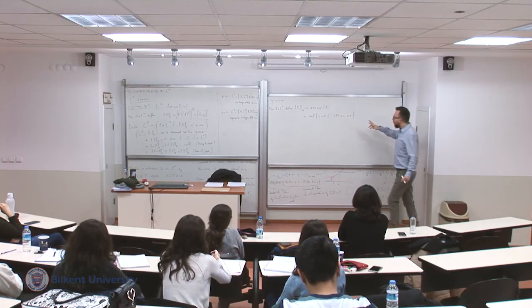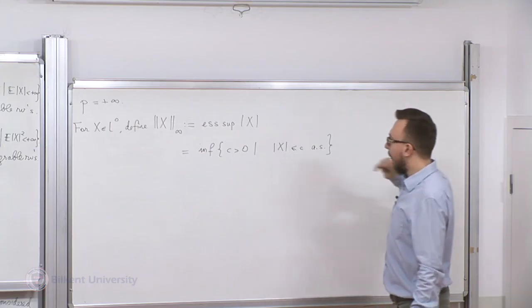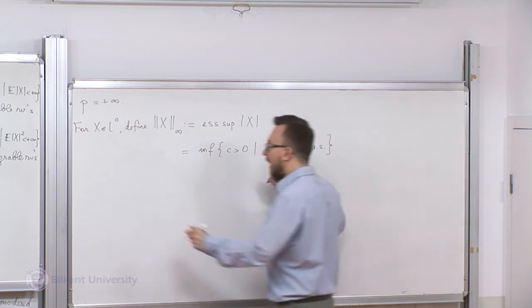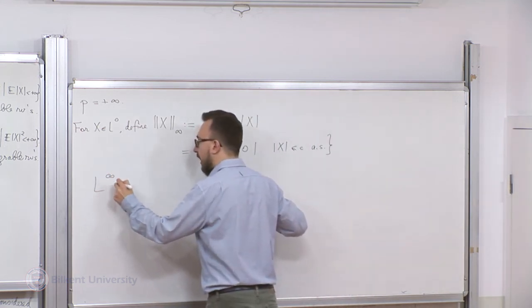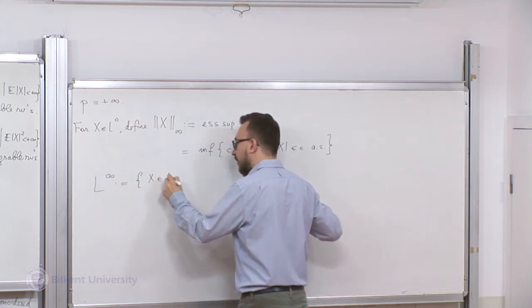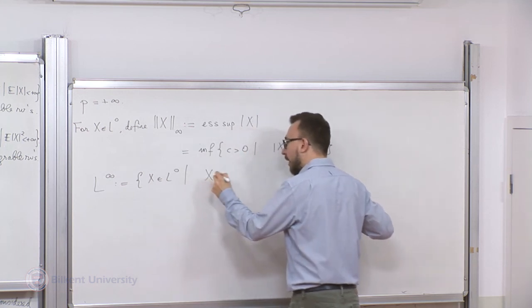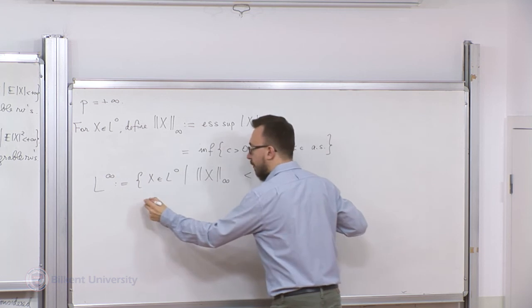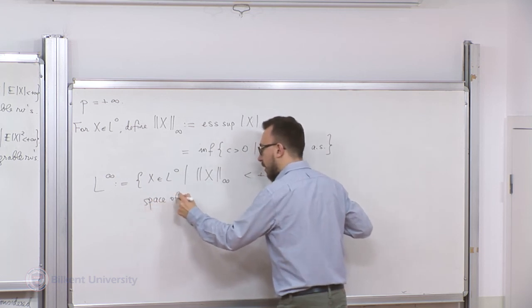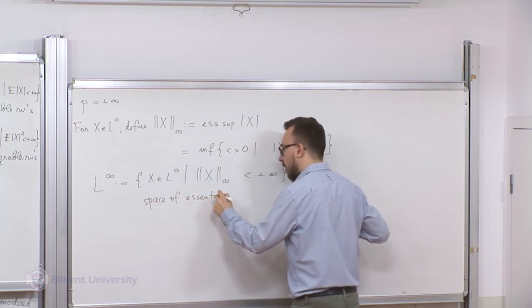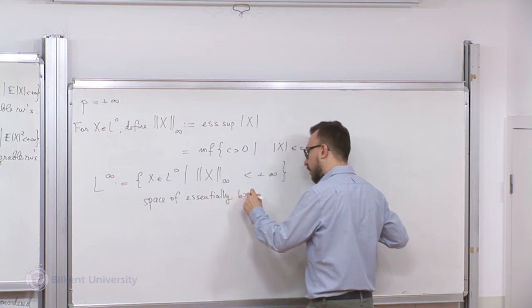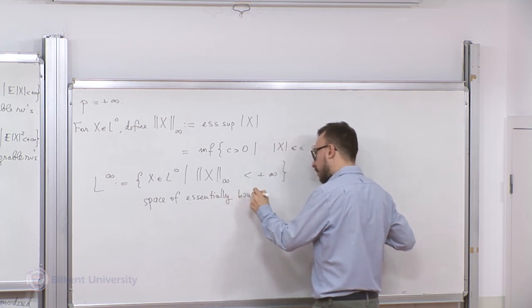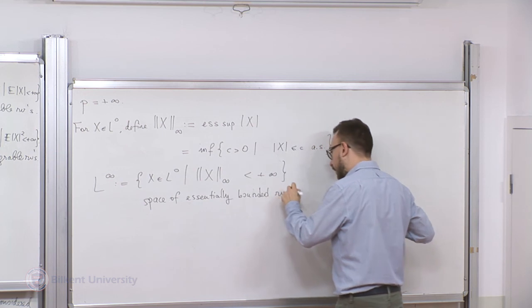This is the precise definition. So let's define L infinity as the space of essentially bounded random variables.